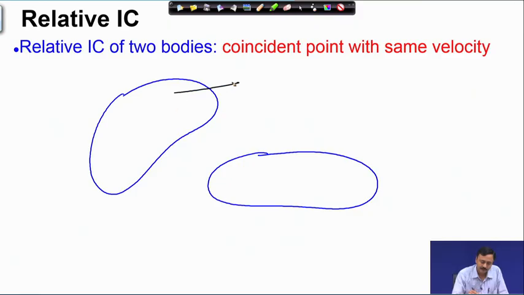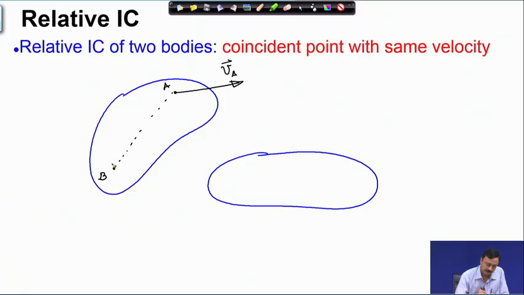So, if I have a point A with velocity VA, and if I have another point B, the only thing I have to remember is that the projection of VA along AB must be the same as the projection of VB along AB.